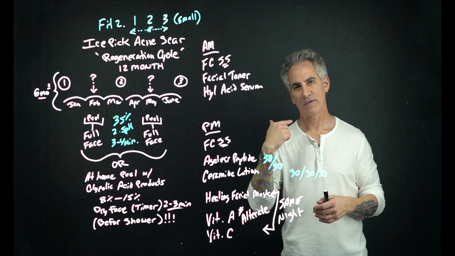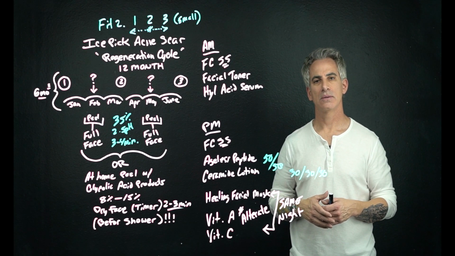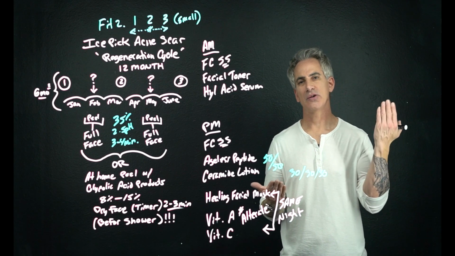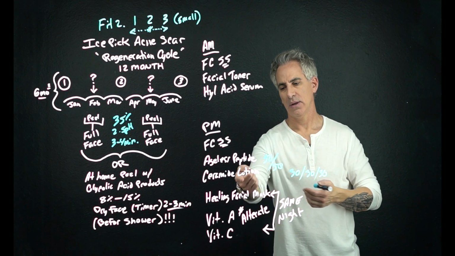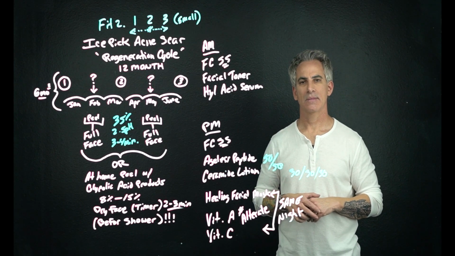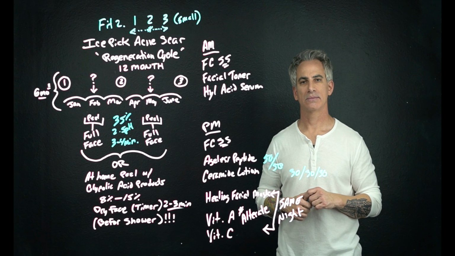Vitamin C first, Ceramide Lotion. You can add the peptide and do the 50-50, and then you're going to occlude it with Healing Facial Mask. That's the protocol. That's the treatment regenerating cycle.